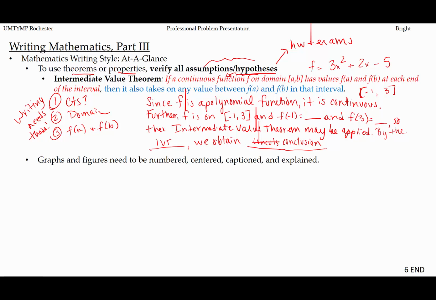And in the past, some students have wanted to include graphs or figures in this problem. I personally, if I was writing it, I probably wouldn't, but hey, it's a style thing. But let's say I wanted to include a graph of this function that I have up here that we did with the IVT. Okay, so what I would do is I would have writing, and then period.